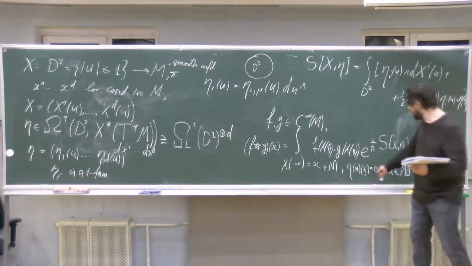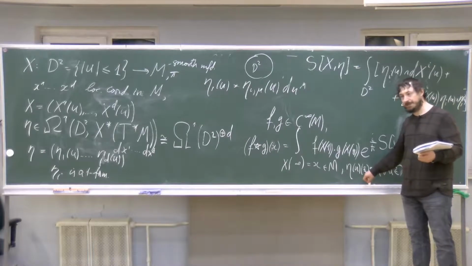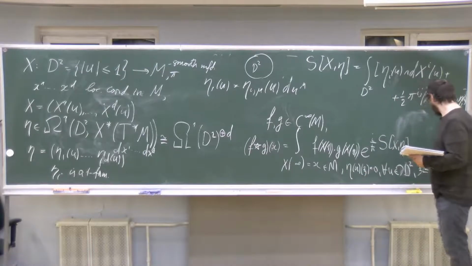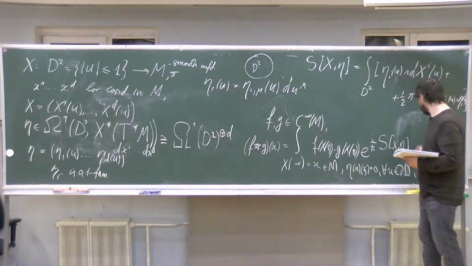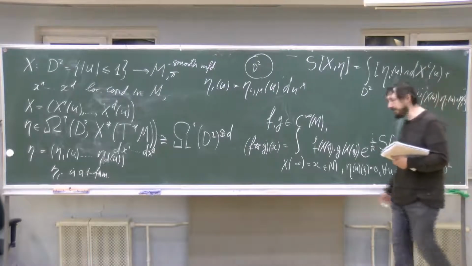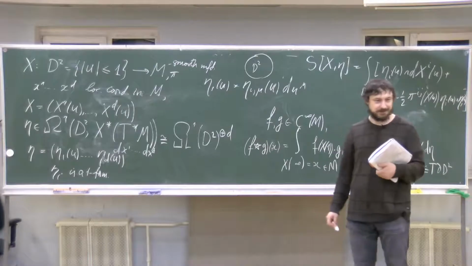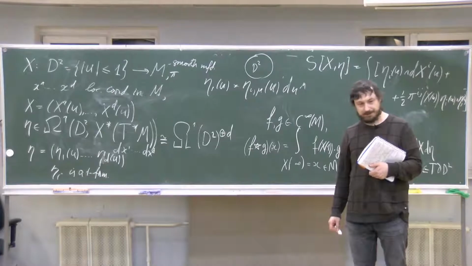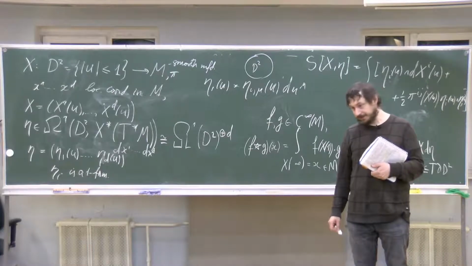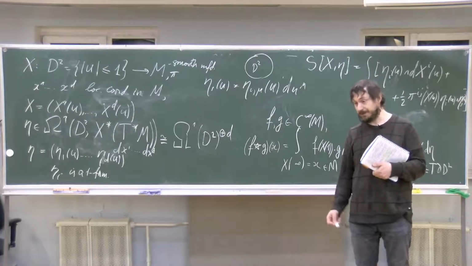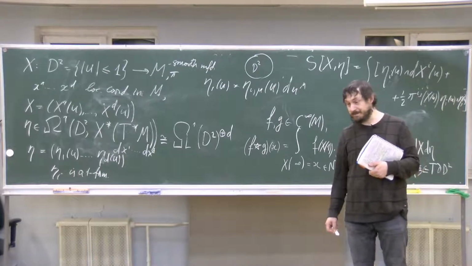So this is a one-form, so you take the vector tangent to the boundary, and then you use this condition. So you integrate over dx d eta. As you see, this is not a well-defined thing, of course, because you have to integrate over an infinite dimensional space, and not even a linear one, because the space of maps into a manifold is nonlinear unless your manifold is just Euclidean space, right?